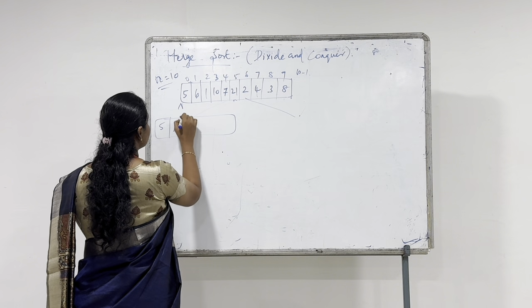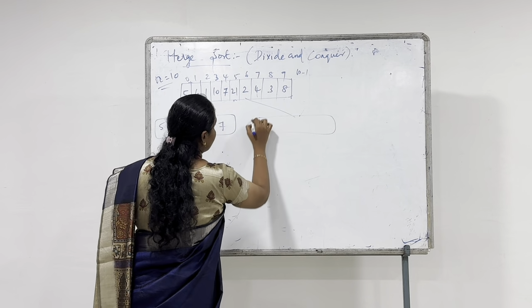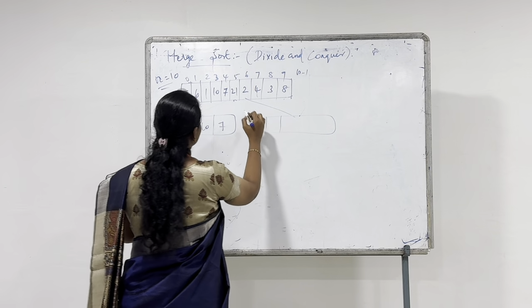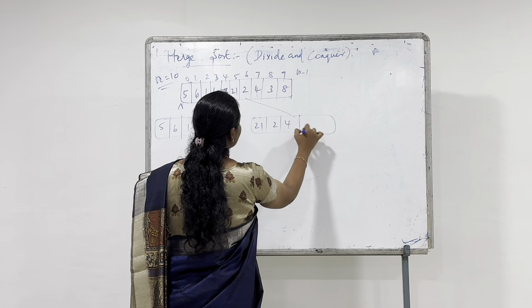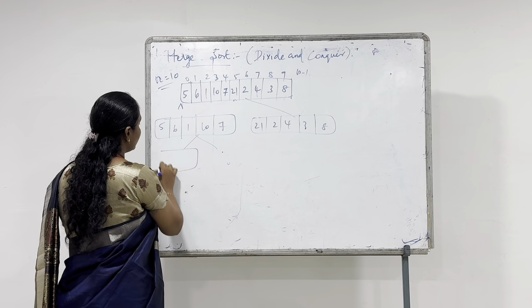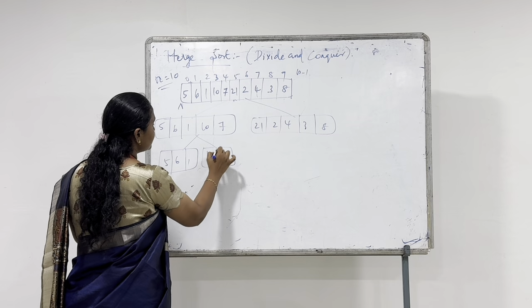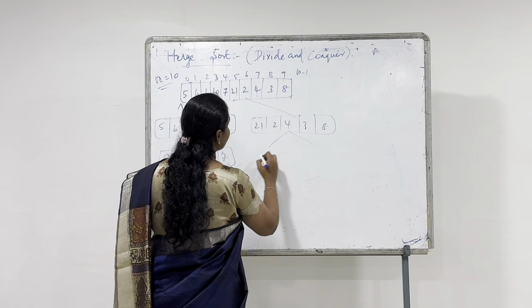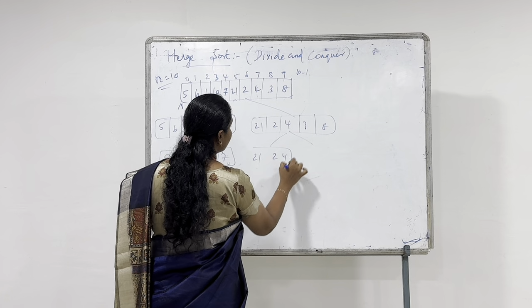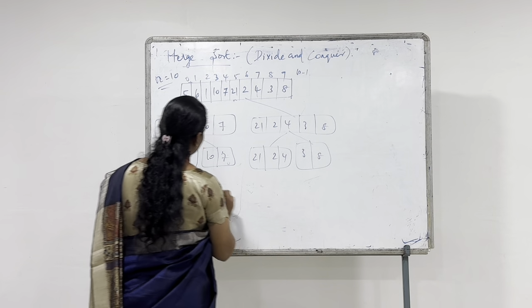So now the array will be divided like this: 5, 6, 1, 10, 7 is one array, and 21, 2, 4, 3, 8 is another array. Again, divide each into two halves: 5, 6, 1 is one array, and 10, 7 is another; 21, 2, 4 is one array, and 3, 8 is another.